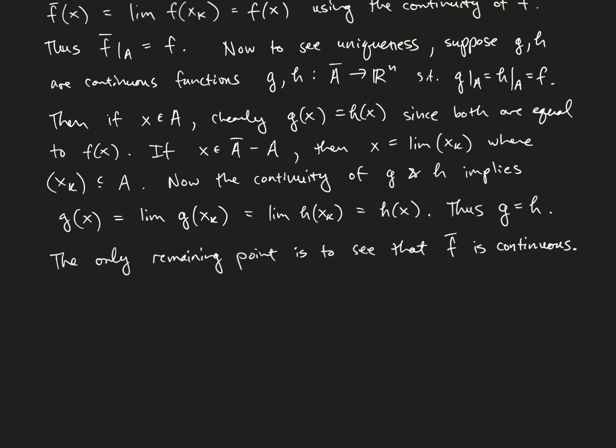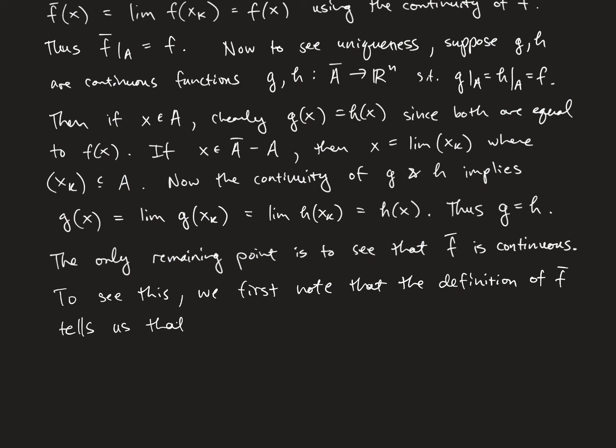To see this, we first note that the definition of f bar tells us that f bar has a weak form of continuity.